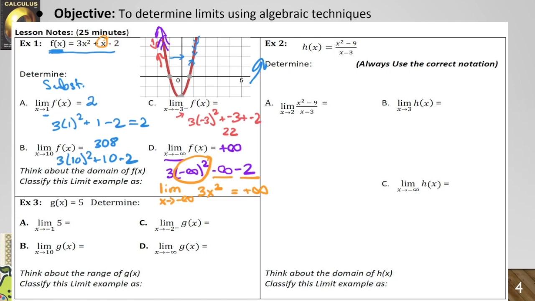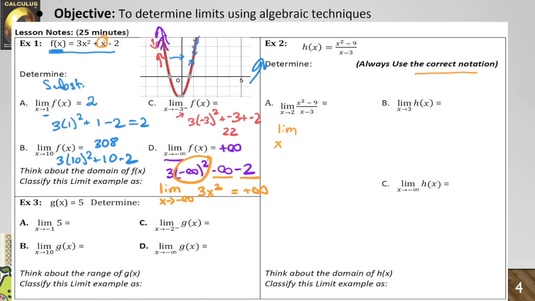Now, when we look at example 2, different things are going to happen. We have x squared minus 9 over x minus 3. So we want to always remember to use our correct notation. As we think about the limit as x goes to 2, we're just going to try substitution.